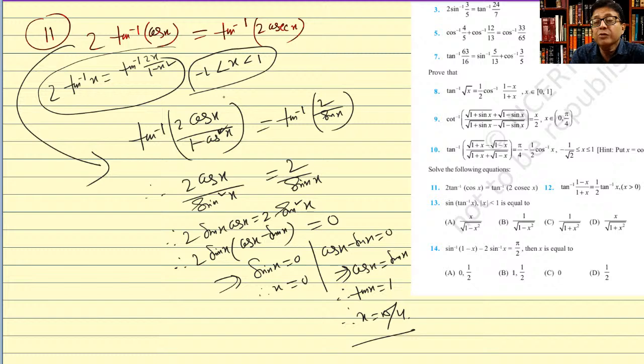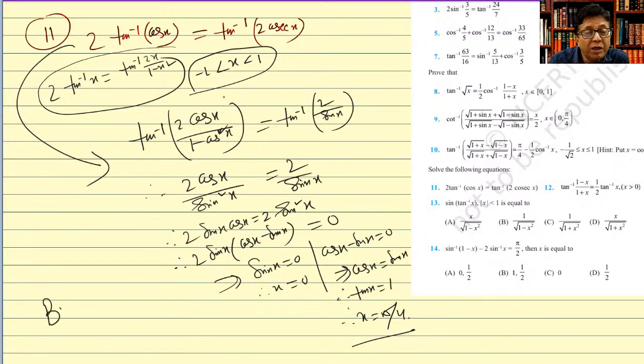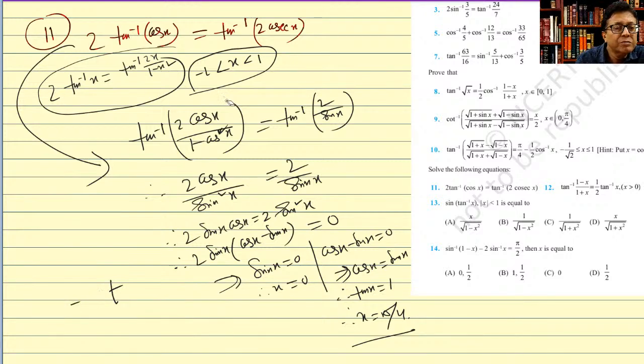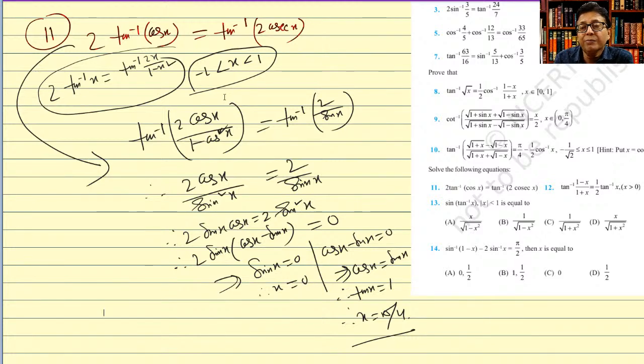For x equal to 0, this is not valid, 2 cosec 0 invalid. So we write, but wait a minute. Cosec 0 will be what? 1 by half, it is valid. X may be equal to 0, because tan inverse infinity is pi by 2 and the left hand side also 2 is coming. So x equal to 0 is valid.